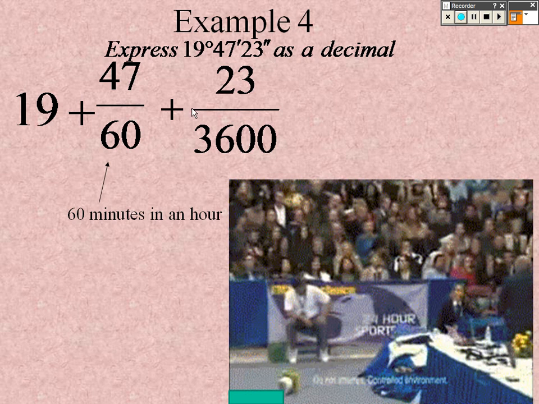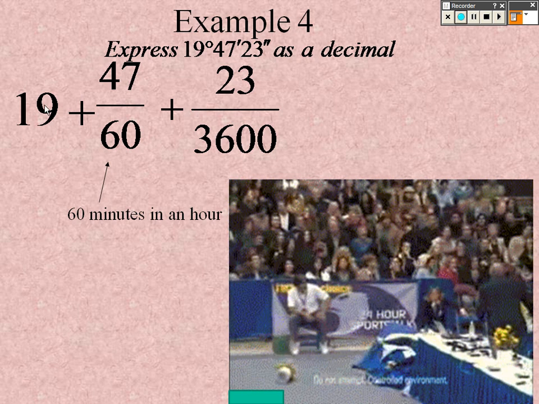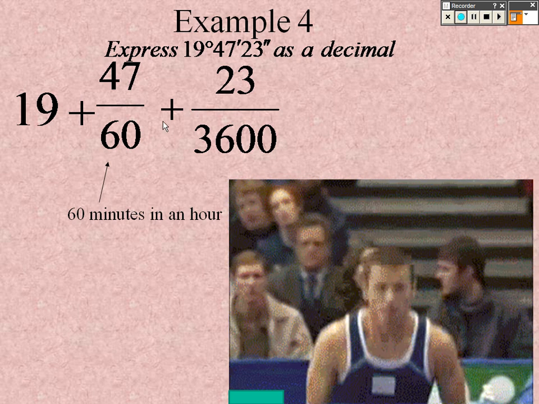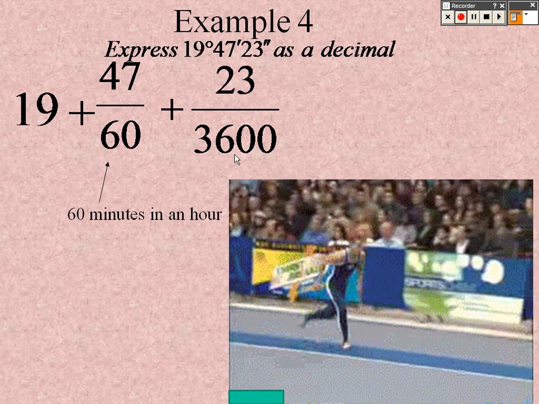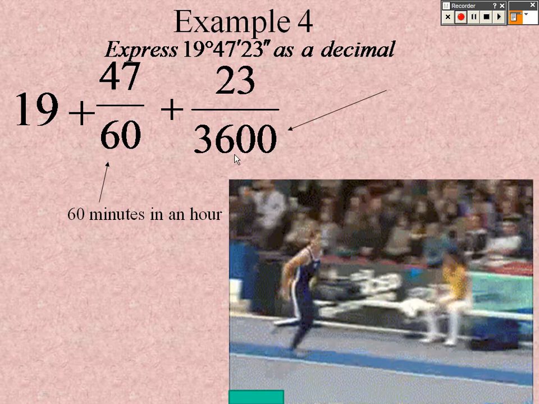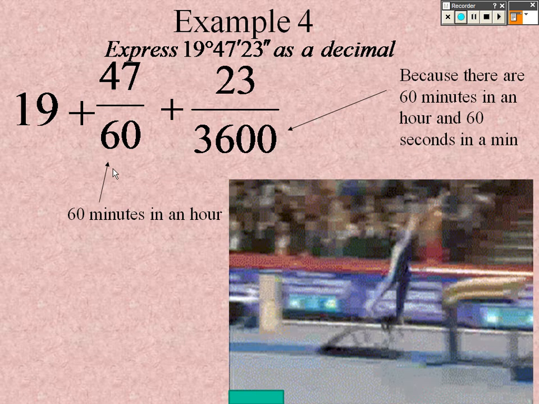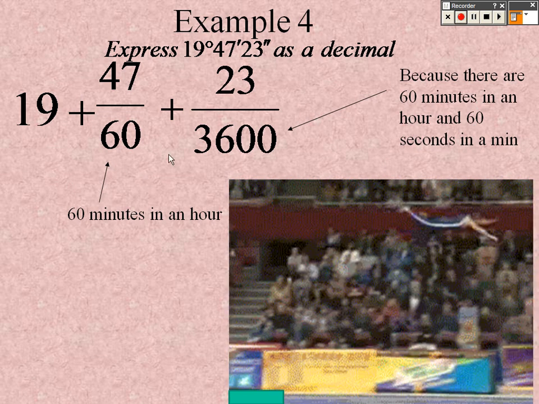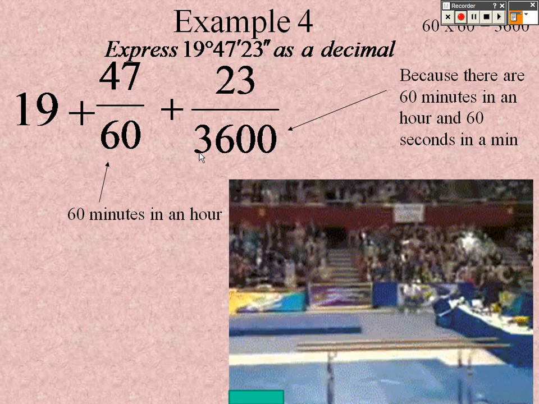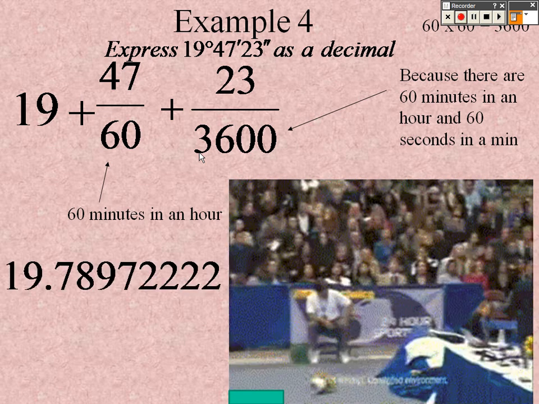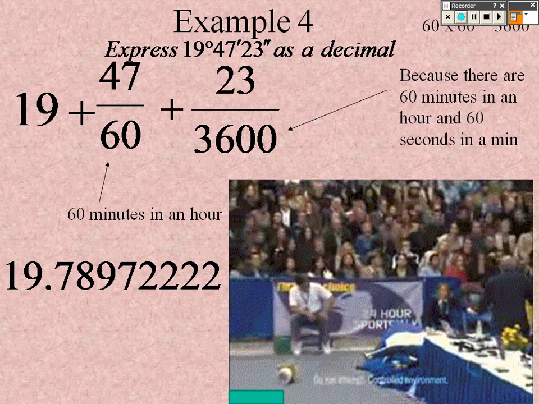So 60 times 60 is 3,600. So basically it's 19 plus 47 over 60 plus 23 over 3,600. And when you add all that together, because there are 60 minutes in an hour and 60 seconds in a minute, so it's like double that. But when you do that, you end up getting 19.78972222.